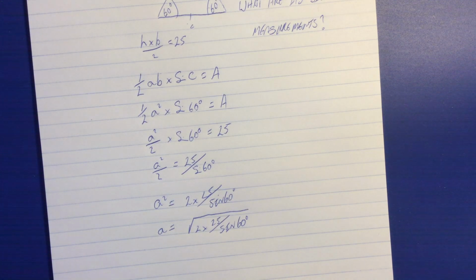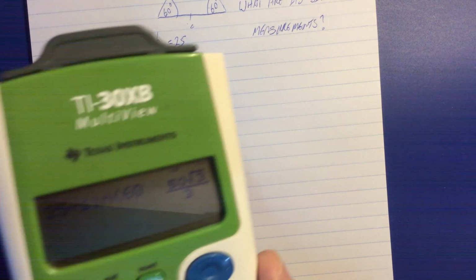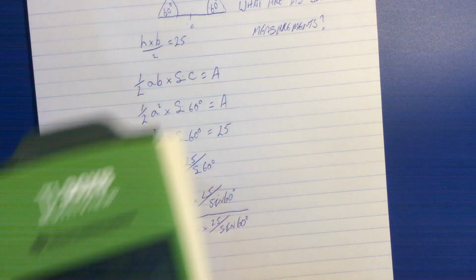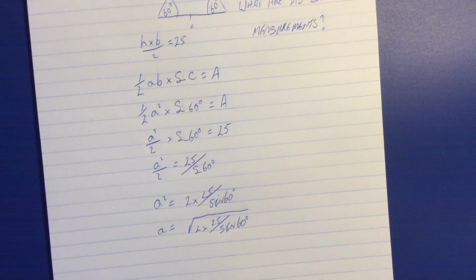And I'm already into surd territory, I think. 25 divided by the sine of 60 degrees. Yeah, I'm in surd territory. There we are. Okay. That's 25 divided by the sine of 60 degrees.